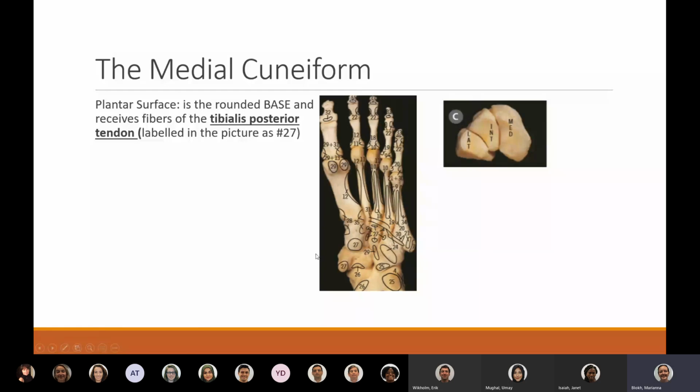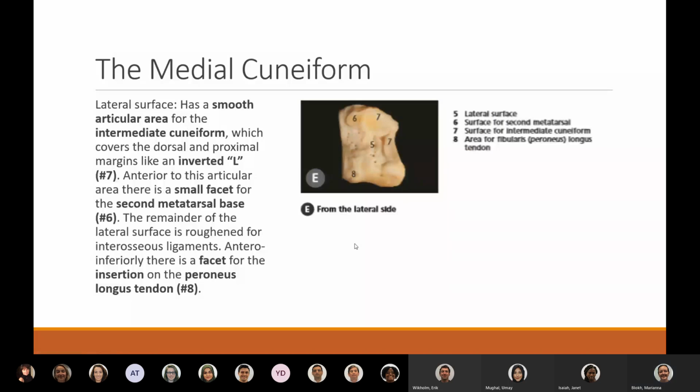So a board question could be, where does the tendon of tibialis posterior put its fibers on the medial cuneiform? And the answer will be plantar, medial. So you'll have to know that medially we have the attachment of tibialis anterior, and plantar we have the tibialis posterior, things like that.